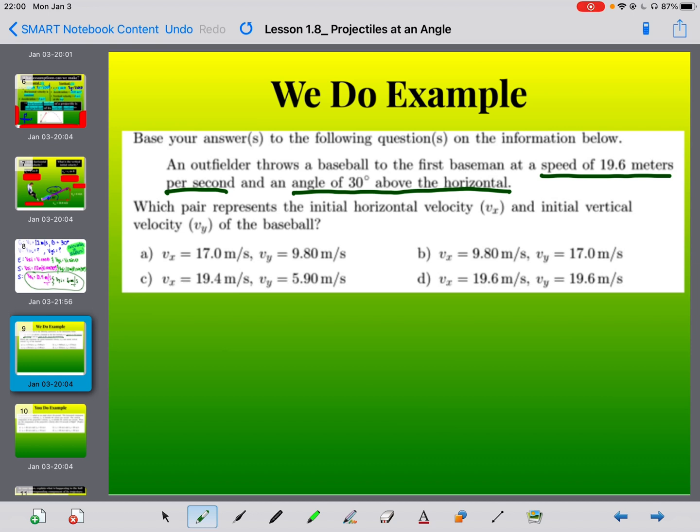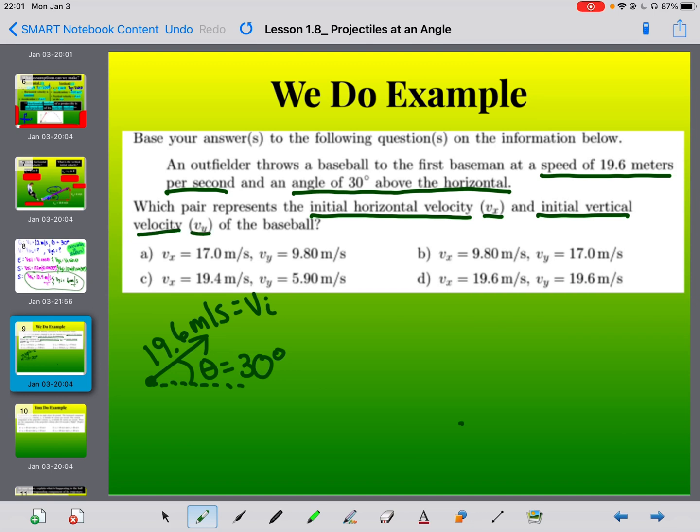In terms of a diagram, this ball is moving in a diagonal, and if you drew a dotted line that represented the horizon, theta equals 30 degrees, and your initial velocity would be 19.6 meters per second. That represents Vi. They want to know which pair represents the initial horizontal velocity, Vx, and the initial vertical velocity, Vy, of that baseball.